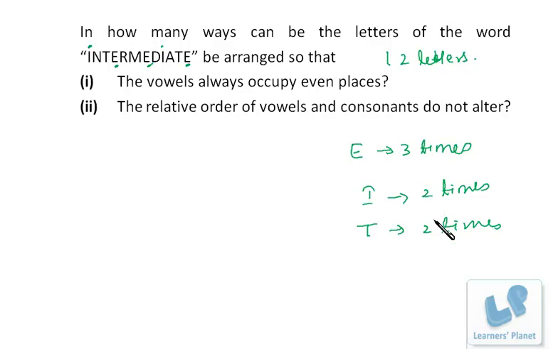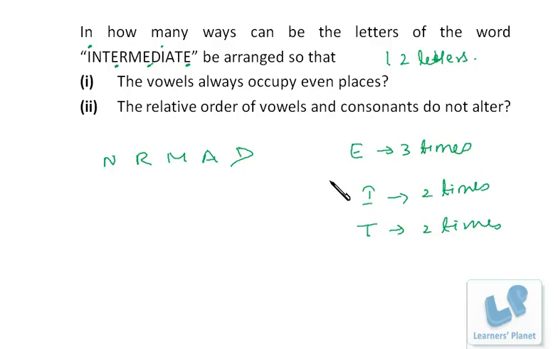Now we are left with N, R, M, A, and D, right? So these 5 letters are for one time, and the other letters are for 3, 2 and 2 times, right? Now we have to take the first case, the vowels always occupy even places.